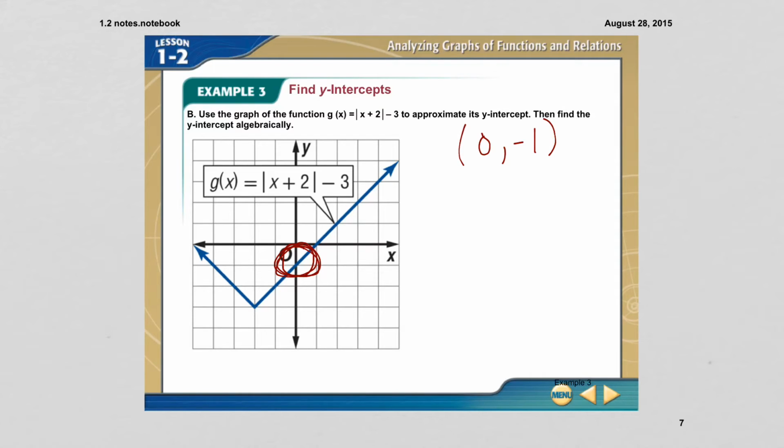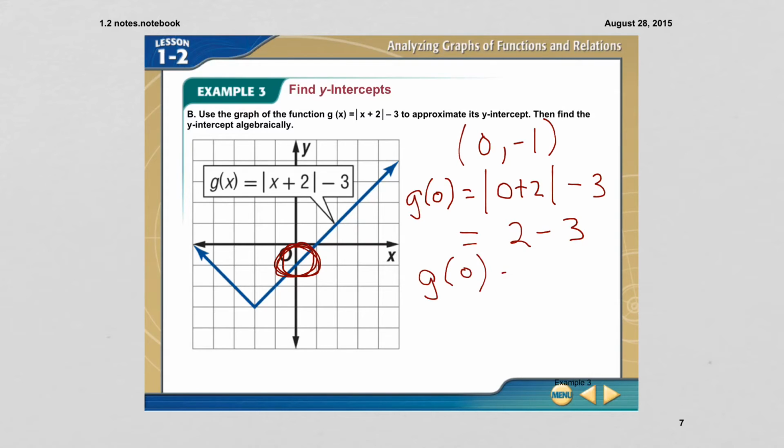Now again, algebraically, I'm going to look for g of 0, because it's when x is 0, is equal to the absolute value of 0 plus 2 minus 3. Okay, the absolute value of 0 plus 2 is 2 minus 3, so g of 0 equals -1, which gives me the point of intersection (0, -1).